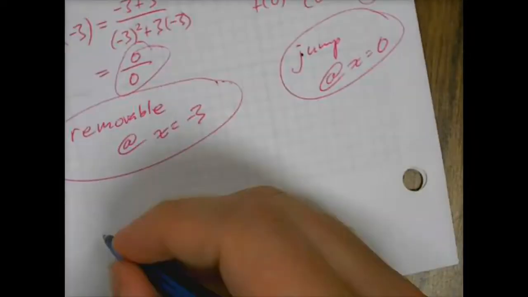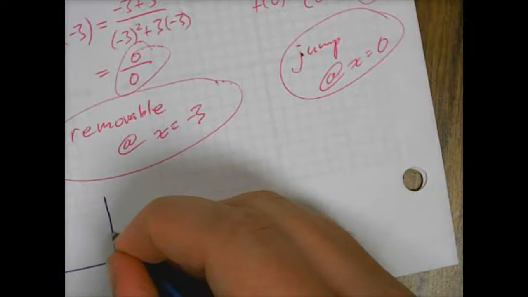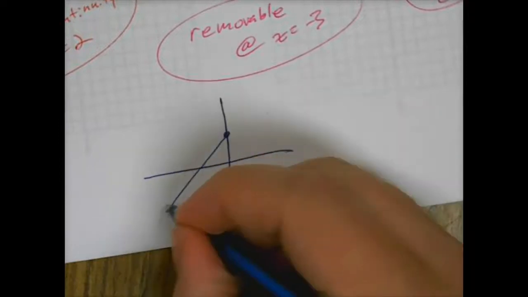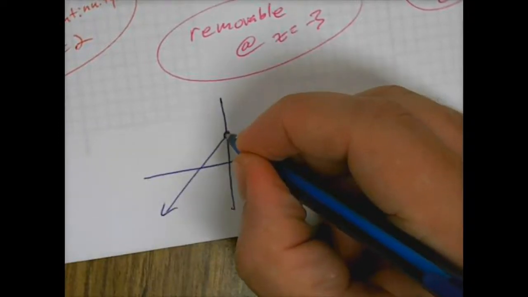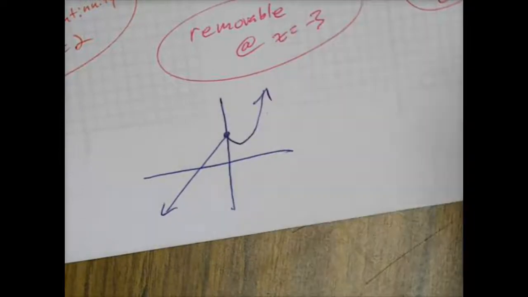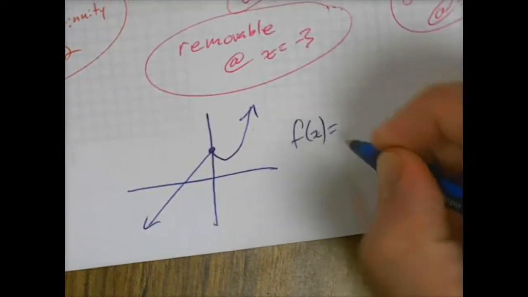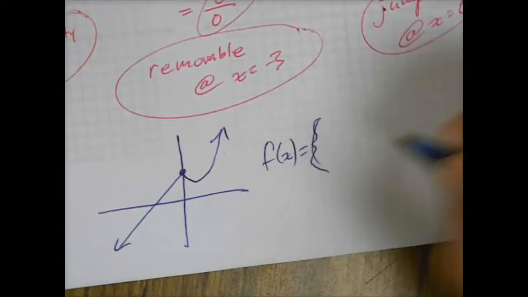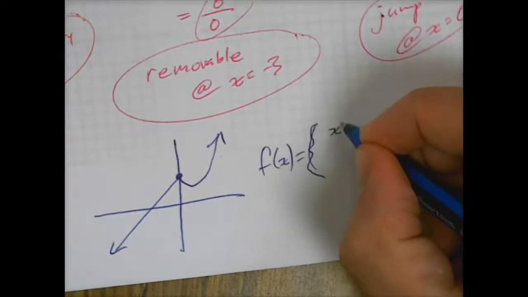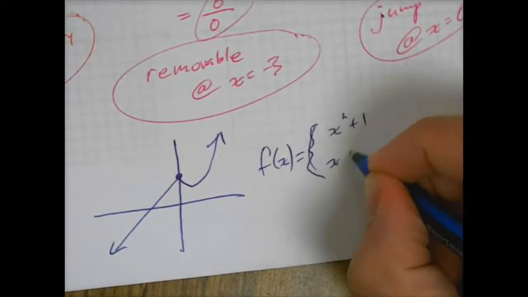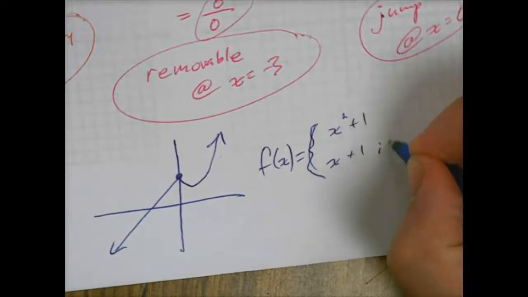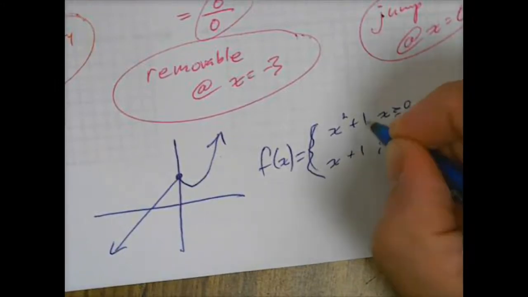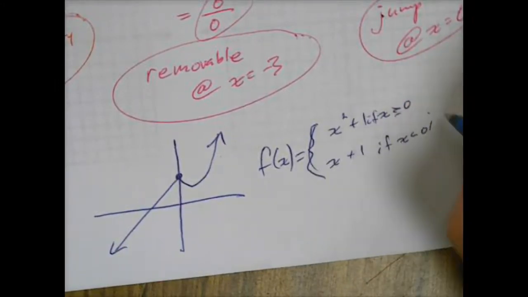The type of graph I'm talking about where it'll be continuous is, say we had a function, let me graph it, and say it does something weird there. I'm just going to take a stab in the dark here: x squared plus 1 if x is less than 0, and x plus 1 if x is greater than or equal to 0, and we're going to check it when x is 0.